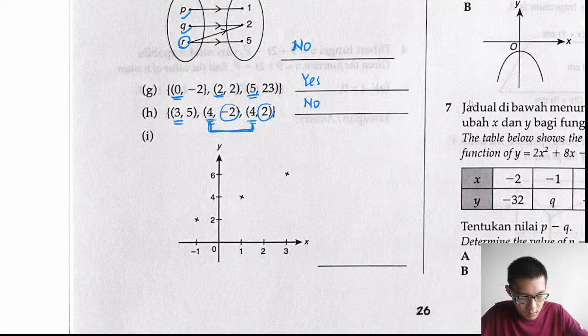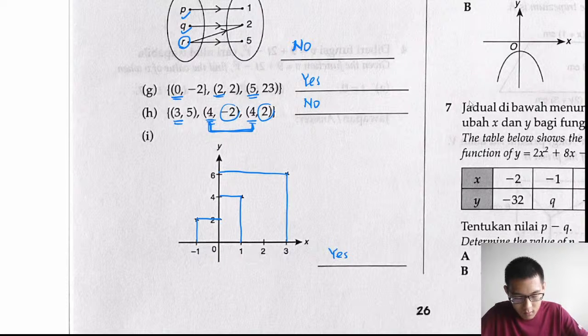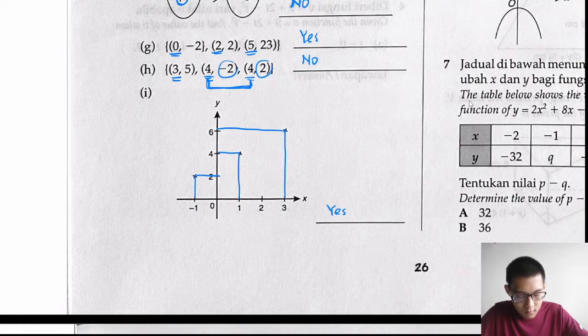This one, negative 1, 1 and 3 each have one object, one image, so this is yes. But because we have 2 and 0, I don't know whether they are in the domain in the graph or not.